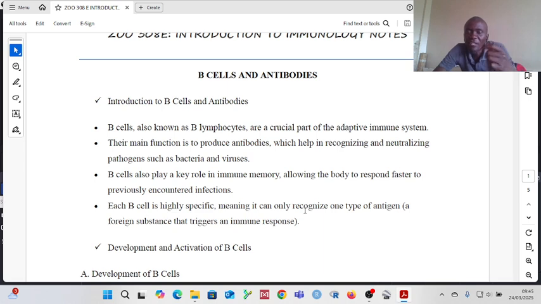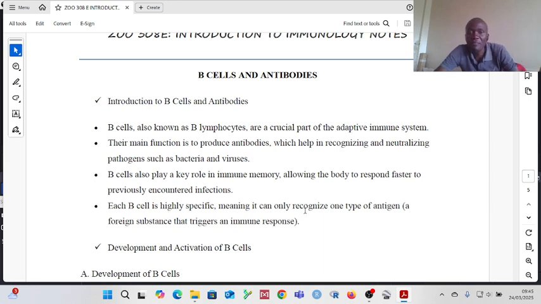So when you are infected today, for example, then you heal, then if the same infection will again be exposed to your body sometime next year, the B cells, which will have been created and stored as immune memory cells, will help in the immunologic memory, okay?